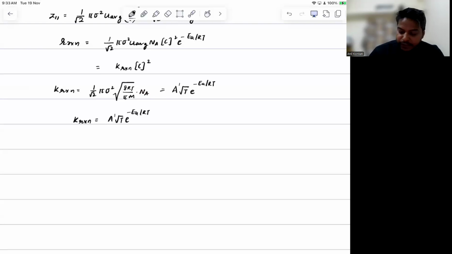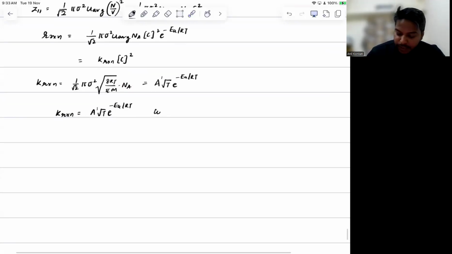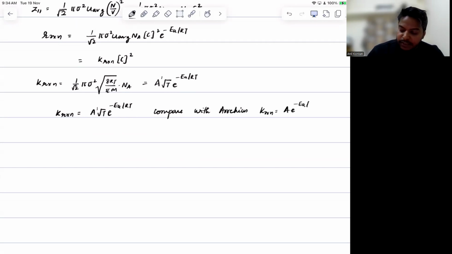A dash is a factor which is independent of temperature. But if you compare with the Arrhenius equation, which is K of the reaction equal to A into e raised to the power of minus Ea by RT, the only difference we found here is this factor.